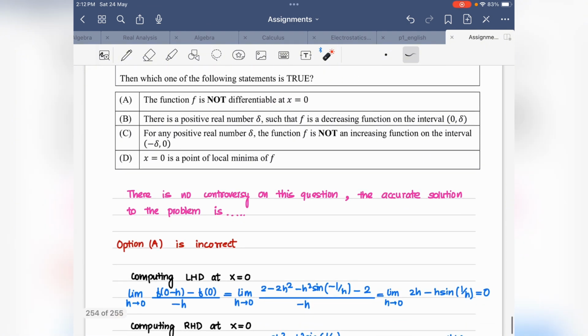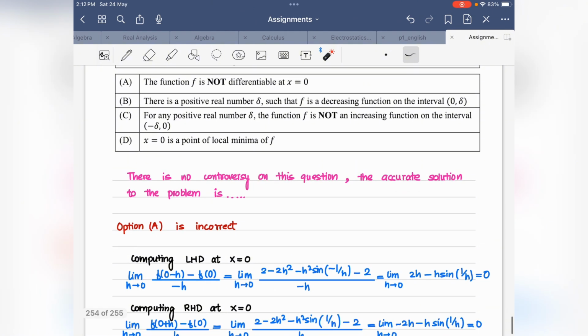We are going to check this option, and this option is incorrect according to me, and please be aware of that. There is no controversy on this question. We are going to discuss the accurate solution. Computing LHD at x equal to 0: limit h tends to 0 of f of 0 minus h minus f0 by minus h. This is the definition of left hand derivative.